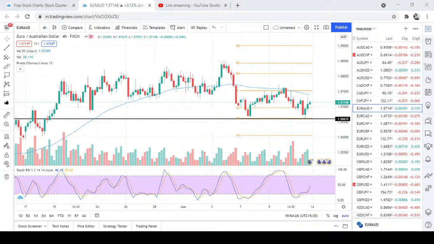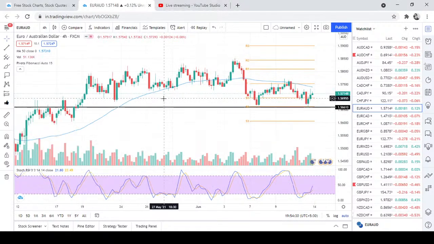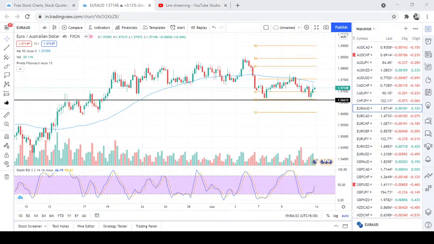Otherwise, I do not see any good or big opportunity here, because if we look at this particular portion, overall the market is in a narrow range here, and there is not much volatility. This black line is also not a very strong support, because the market has taken support at this level only once.